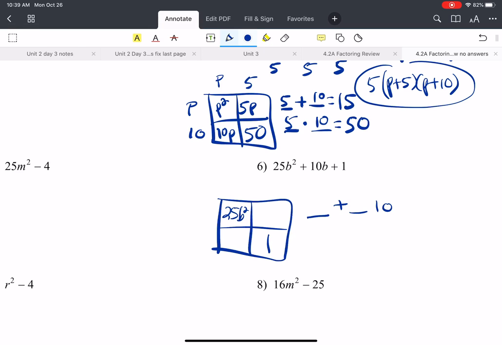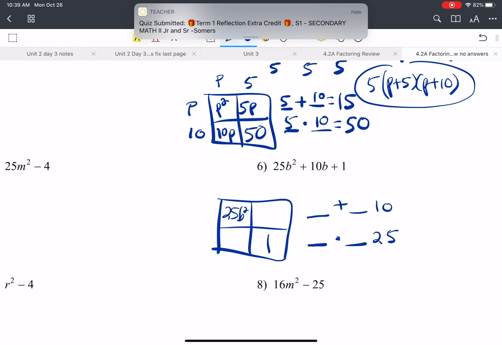When I can't get rid of the number in front of the squared, okay, instead of multiplying to last, you multiply to first times last. So in this case, I'll multiply to 25, because 25 times 1. Okay? So I'm going to say that again.